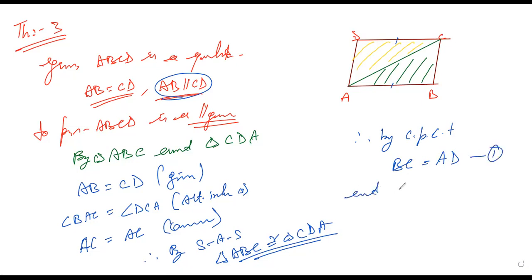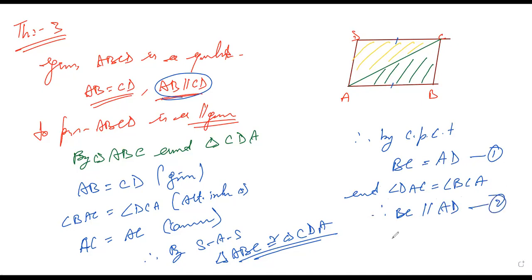And also angle DAC is equal to angle BCA. Therefore, we can also say that BC is parallel to AD. Make it equation 2.